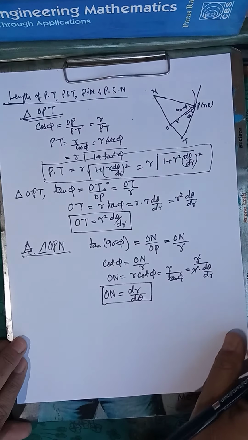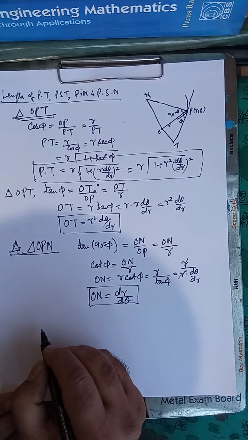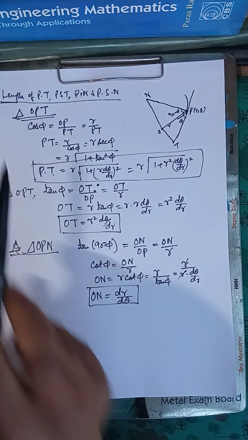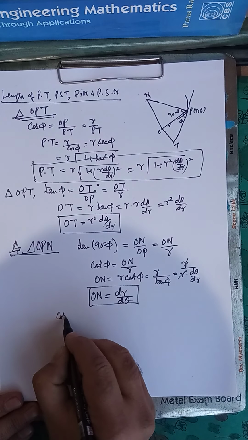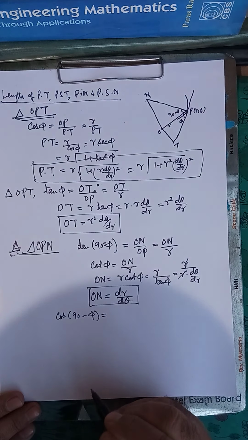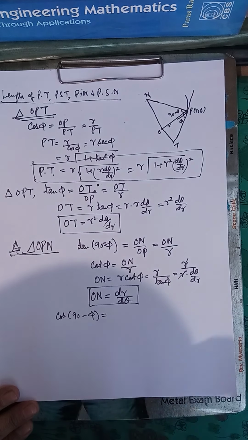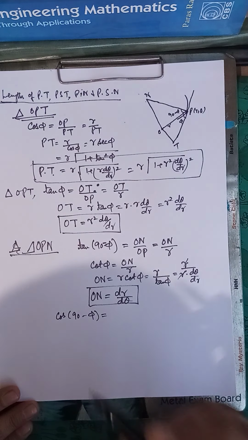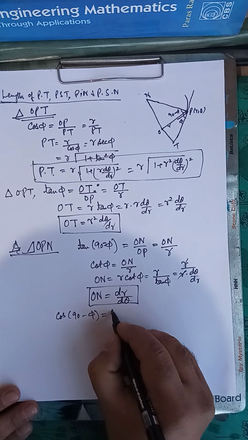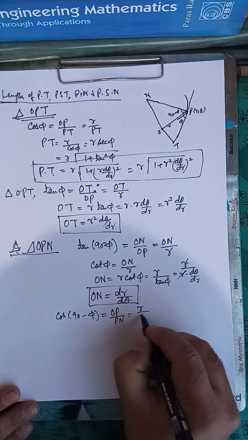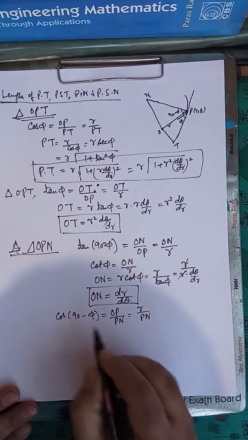Similarly, I have found tan and cos. I will find cos of 90 minus phi. Base by hypotenuse: OP by PN, or r by PN. But what is cos of 90 minus phi?